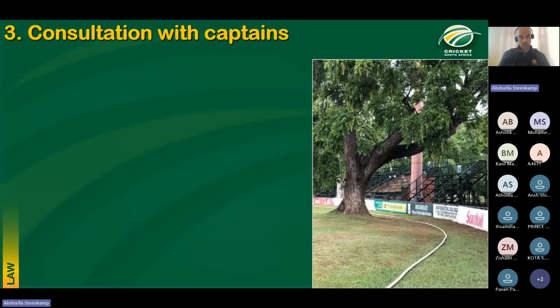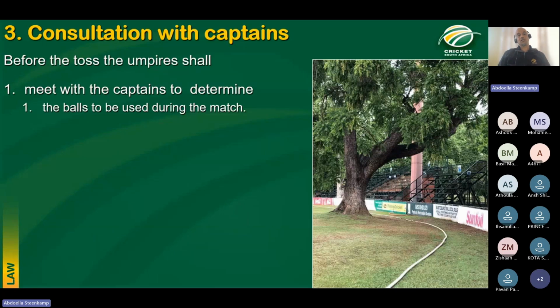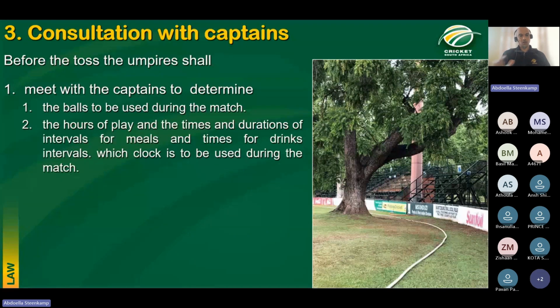You need to discuss the balls that you're going to use in the game. Confirm the hours of play: when play will start, when we'll end, what time will be our lunch, how long will be our lunch, and our tea and our drinks. We need to decide which clock we are going to use. Is there a scoreboard clock? Are we going to use the umpires' watches? That needs to be decided.